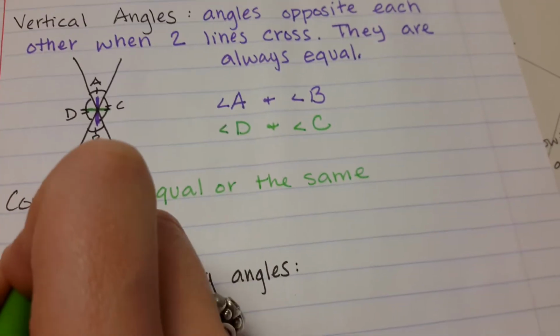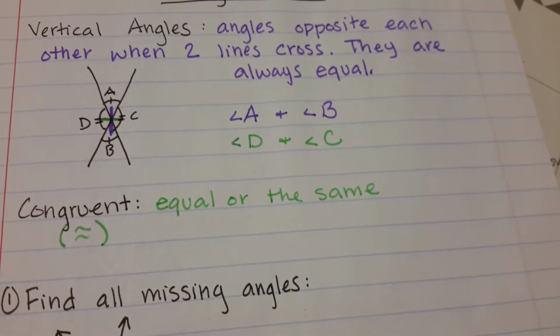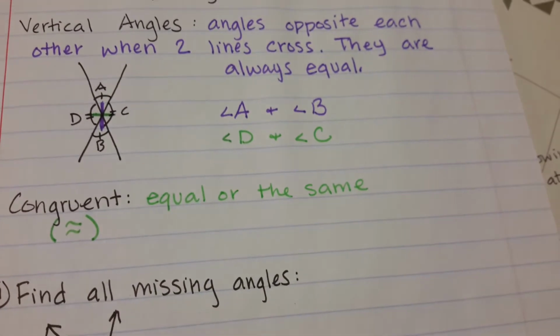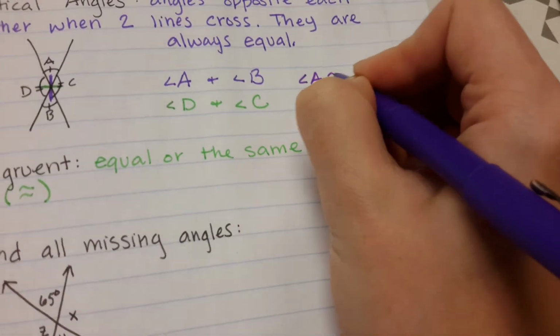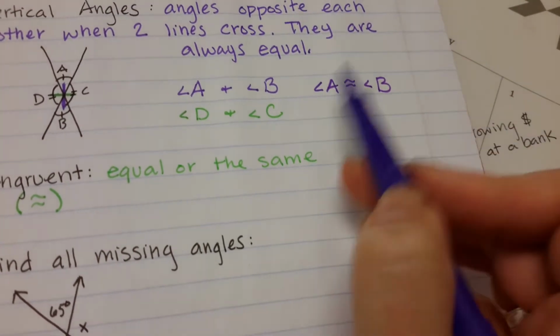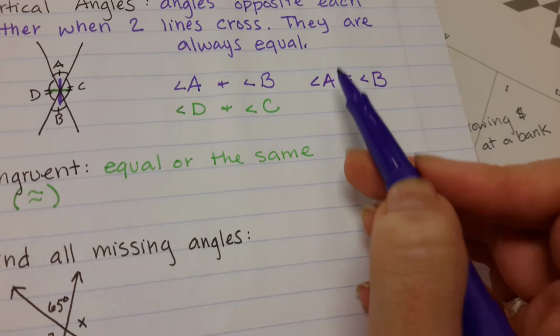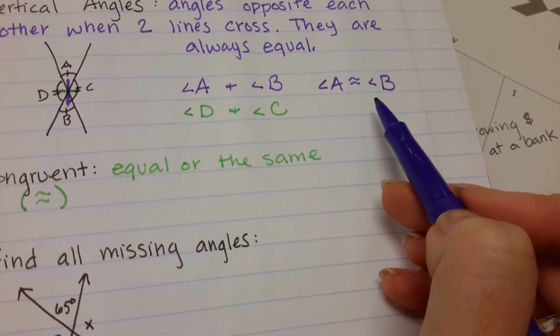And the symbol for congruent is a squiggly equal sign. So instead of writing angle A and angle B, you might see someone write angle A is congruent to angle B. So if you're given that angle A is, say, 30 degrees, we know that angle B is also 30 degrees.